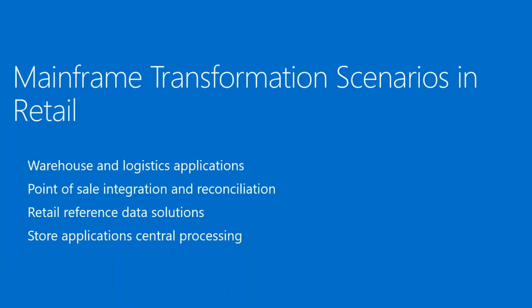One of the kinds of things that we typically see in mainframe transformation scenarios in retail is a lot of data, DB2, a lot of data out there. And we see a lot of warehouse and logistics applications. Quite often, these are some of the ISV applications we see, and we can work with folks on finding the appropriate system to run over in the Azure platform.